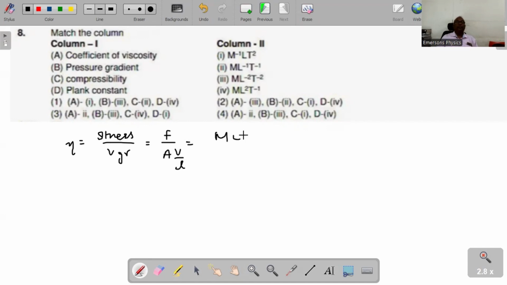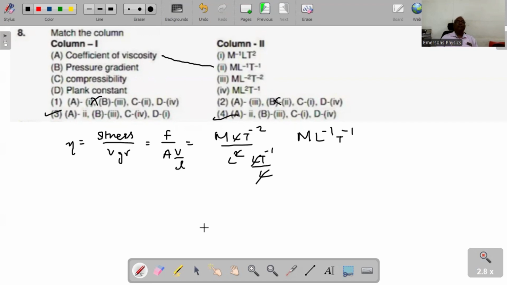Force is MLT to the power of minus 2, area L squared, LT to the power of minus 1 by L. L gets cancelled, this L also gets cancelled. So M L to the power of minus 1 T to the power of minus 1 is the dimension. So A corresponds to 2. So upper 3 or 4 is the answer. So 1 and 2 is ruled out.